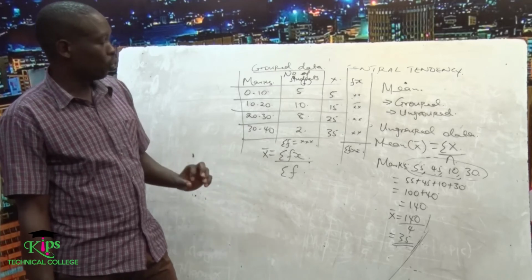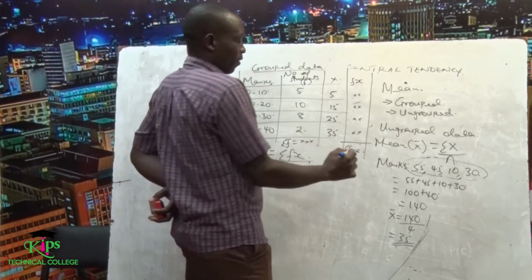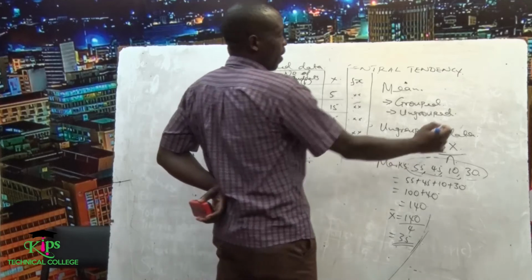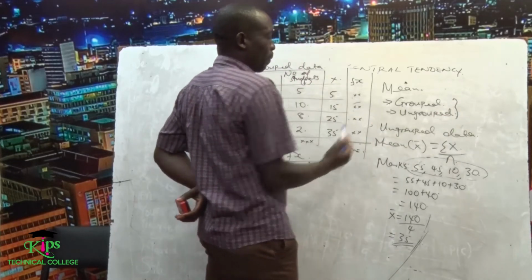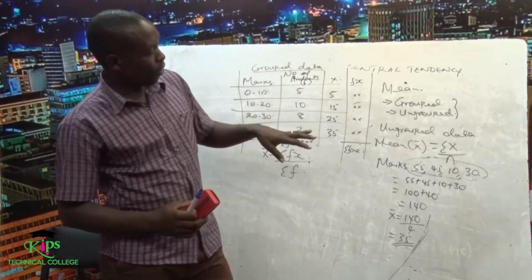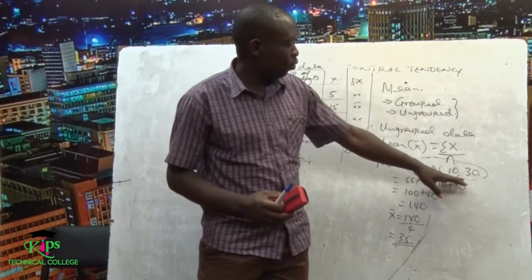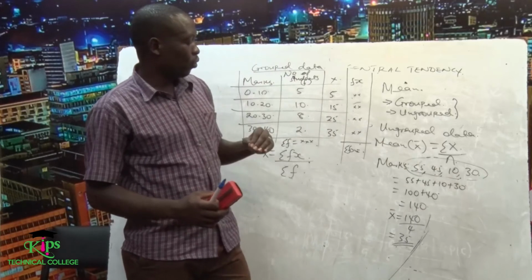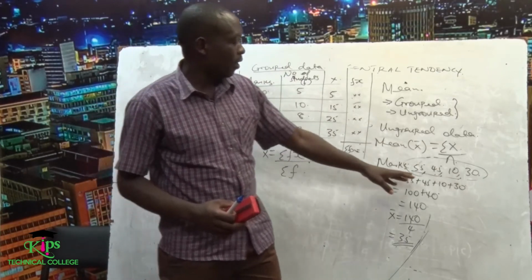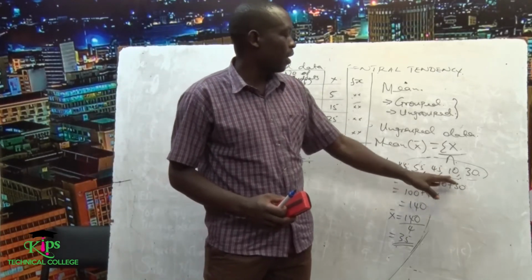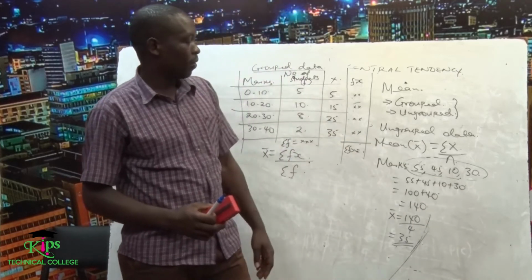Basically, what you need to understand is that data can either be grouped or ungrouped. In case you are presented with ungrouped data, you are just given values which are listed, and if you are told to get the mean, you just add them and divide by the number of those figures.